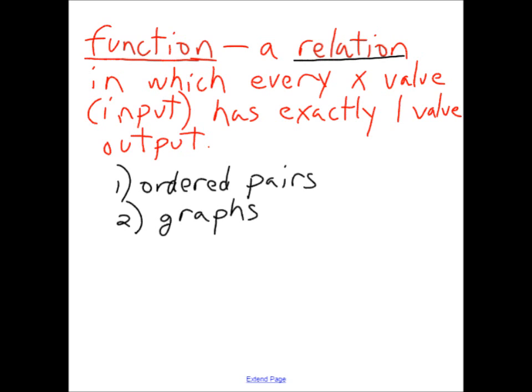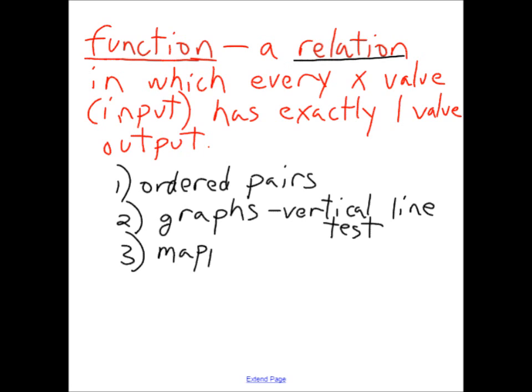And we're going to use what's called the vertical line test. And we're also going to look at a mapping diagram. So I think I said 4, but actually 3 ways we're going to look at. So those are the 3 ways we're going to look at in determining if a relation is a function.